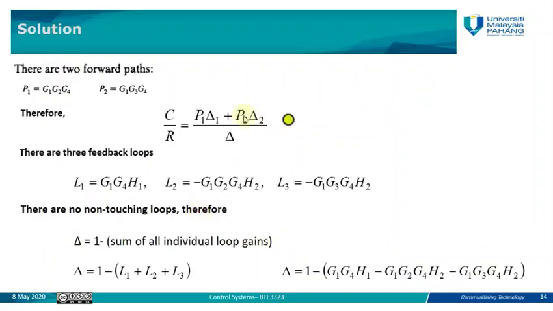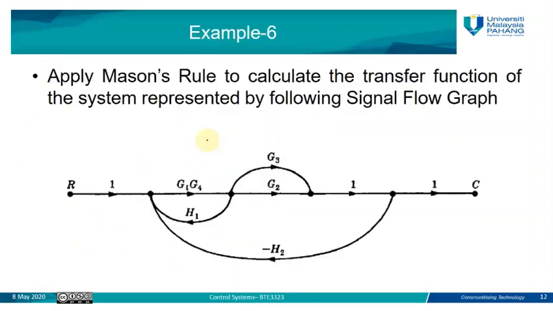So if we go back to the figure, we said a forward path starts from the input node and goes to the output node. This is the input R, and this is the output C. How many forward paths do we have between these two nodes? Forward path means moving in the forward direction.